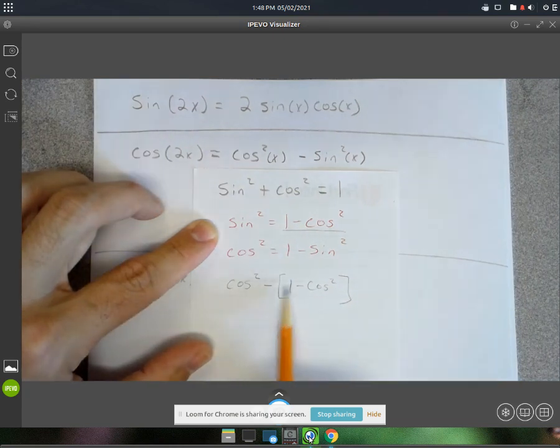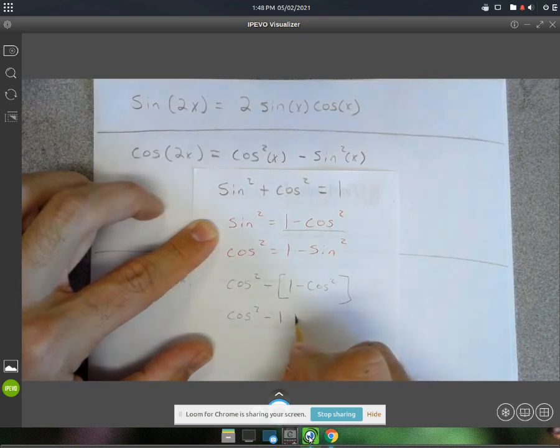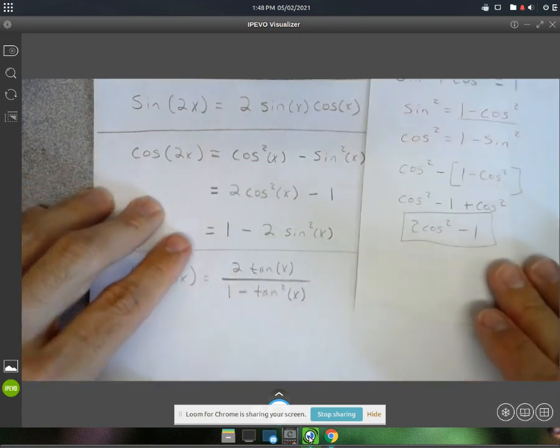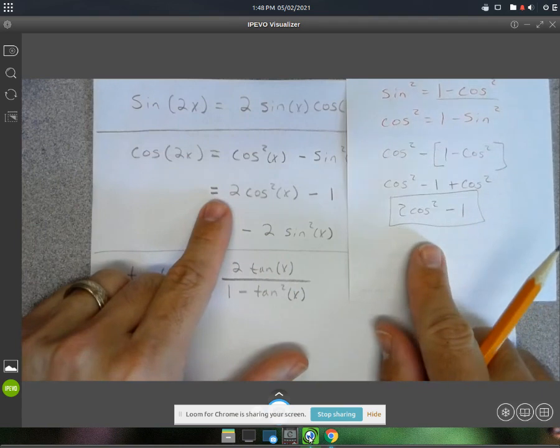What happens after you distribute the negative? Cosine squared minus 1, and then the negative and a negative here will make a positive cosine squared. So you end up with 2 cosine squared minus 1. And that's that second identity that we have here.